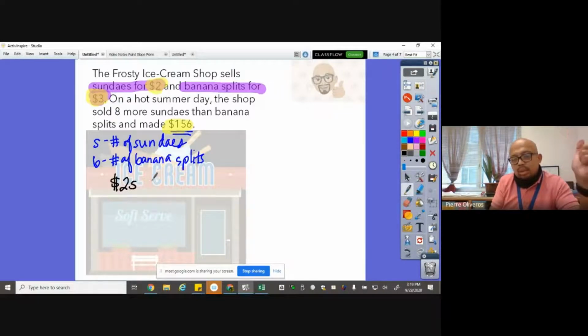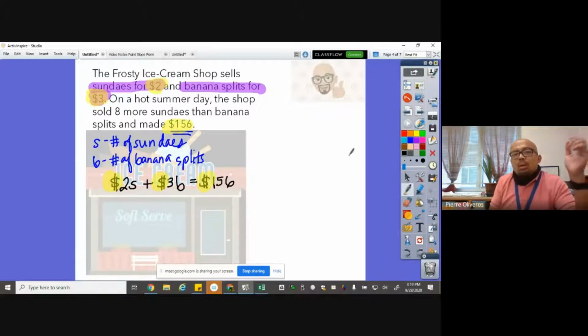So I put 2S. And if you add it with the $3 of banana split, which is 3B, because we do not know how many banana splits there were, they made $156. If you notice, they all have the dollar sign there.